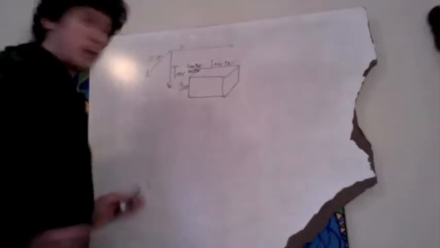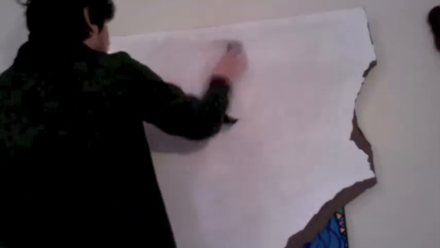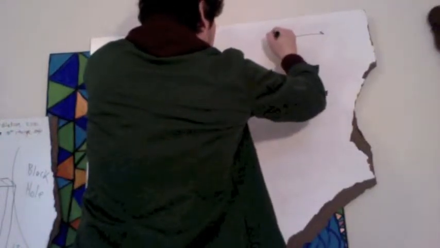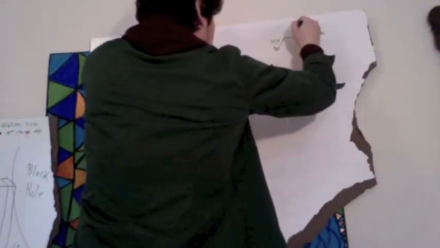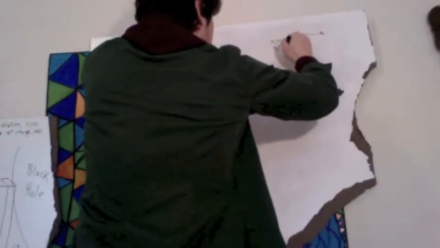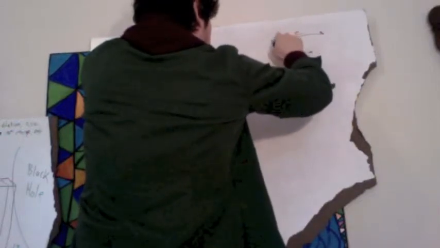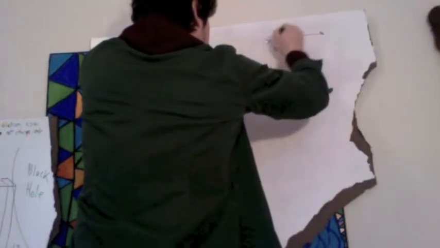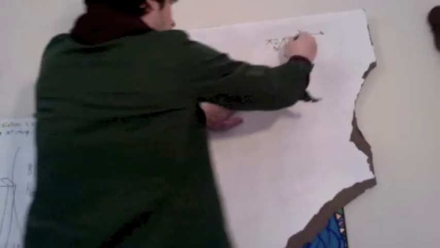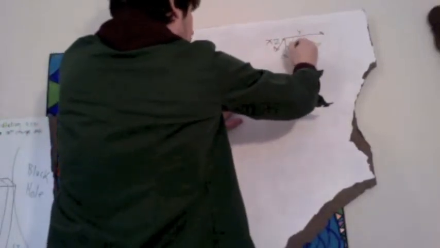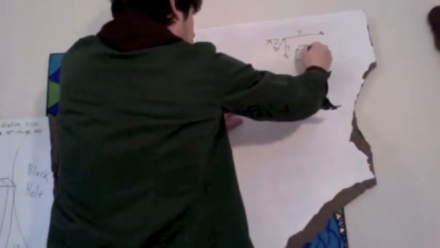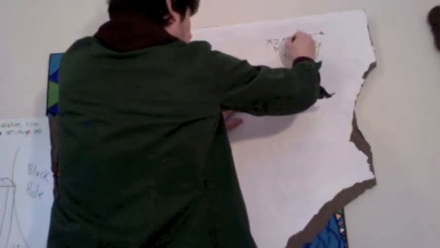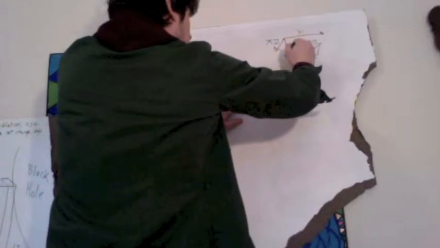All with me? Okay. I'm going to redraw that here really quick. X, Y, Z, T. With our box, this measurement is called 1 tenth: 1 meter by 1 meter by 1 meter by 1 second.